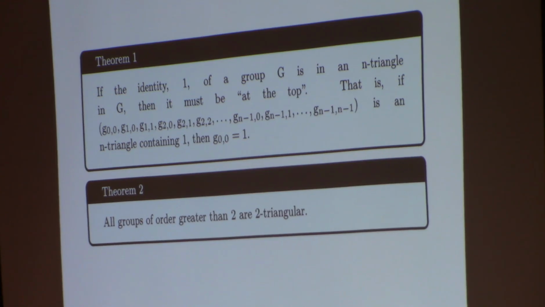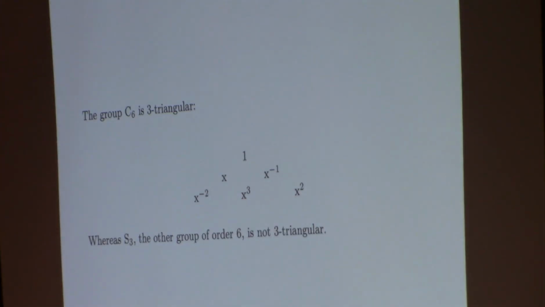As long as you have some elements that aren't involutions, okay? You just take an element, multiply it by its inverse, and you get 1 above it there. Okay? If everything except for the identity is an involution, then you just take 2 distinct involutions and multiply them together. And then you'll always be able to make a 2 triangle inside of that group.